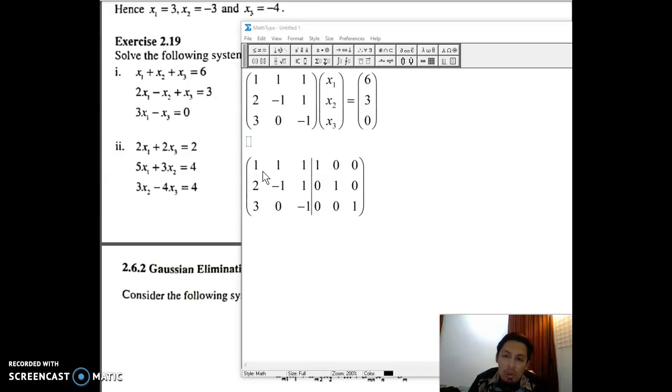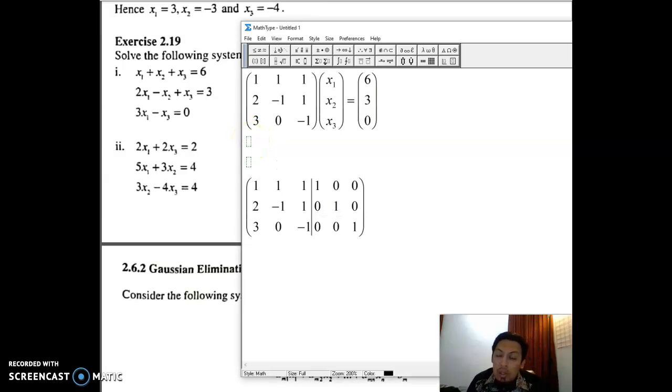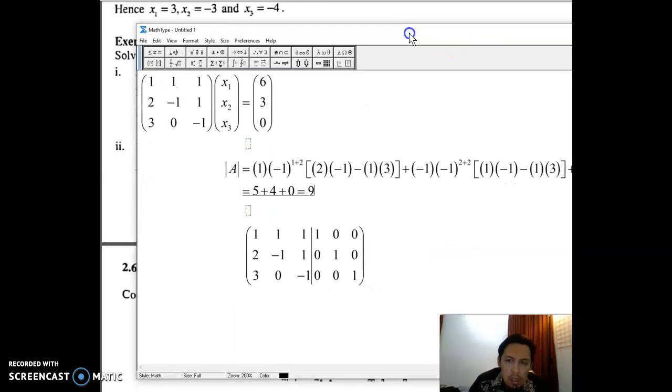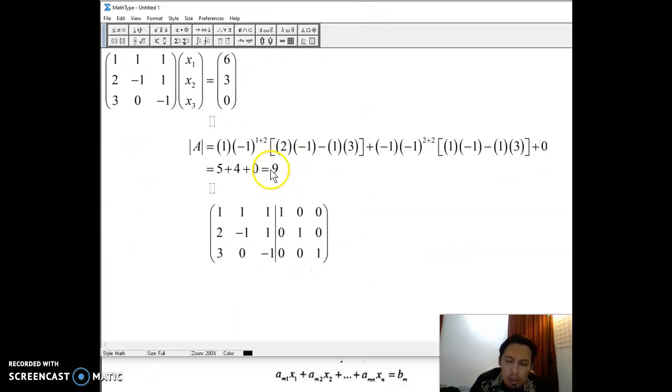You can choose whichever one you want if you are not instructed to. As for me, I want to use ERO. As usual, let's see whether it is invertible or not, just in case. There you have it, we have a value for the determinant, so this is invertible. Let's proceed to find the inverse.